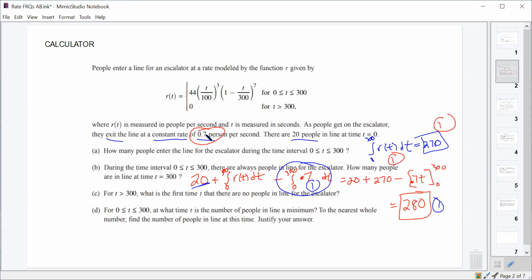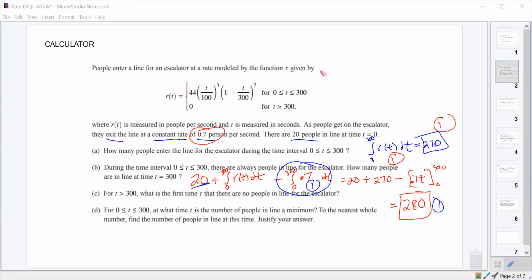When t is 38, it's 0.7, right? No matter what t is, it is always 0.7. If you had 0.7 t, then that's not a constant rate of 0.7. That depends on t. That's a linearly increasing rate. But a constant rate means it is a constant function, it is just a number.